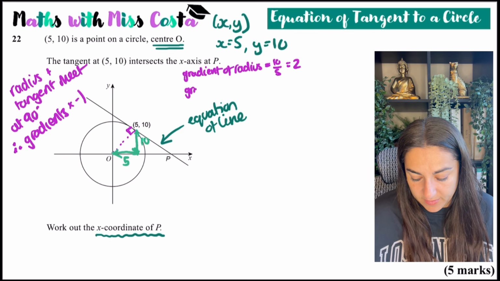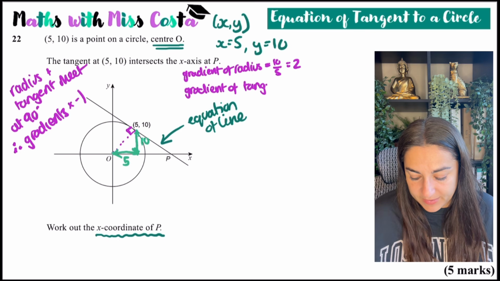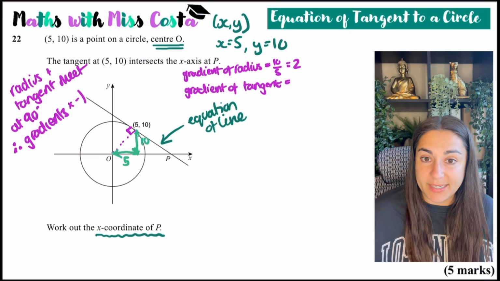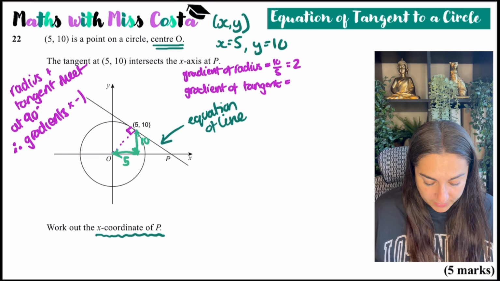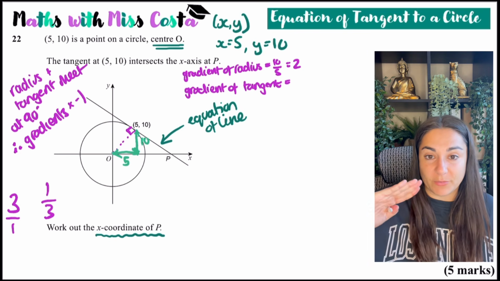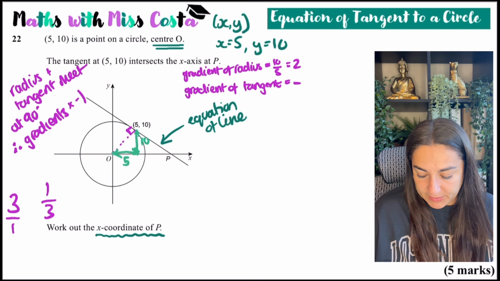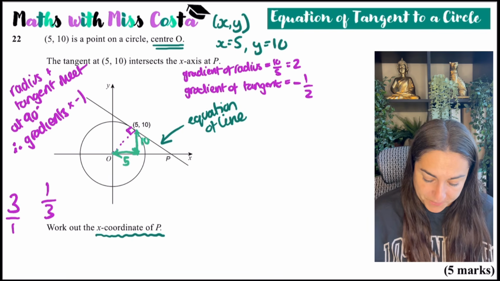That must mean that the gradient of the tangent is going to be the negative reciprocal of that. So a reciprocal, if it's a whole number like 3, a reciprocal is just putting it as 1 over 3, because if this was a fraction, it would actually be 3 over 1. So the reciprocal is when you flip the fraction, and it's a negative reciprocal, so it's just going to have a negative sign on it.